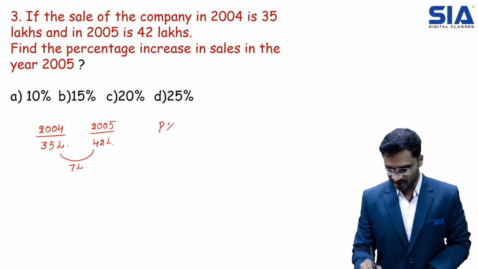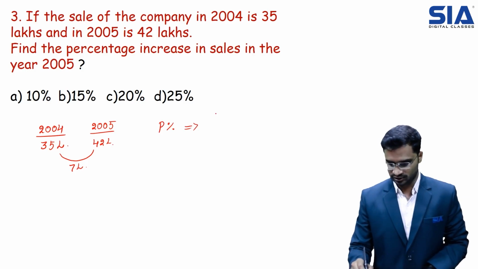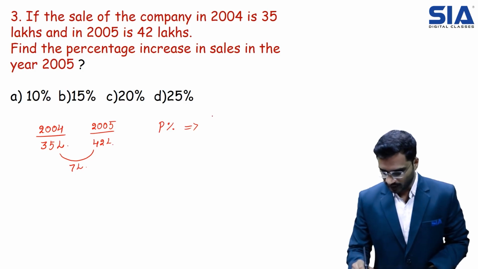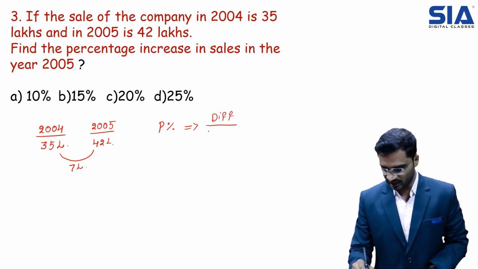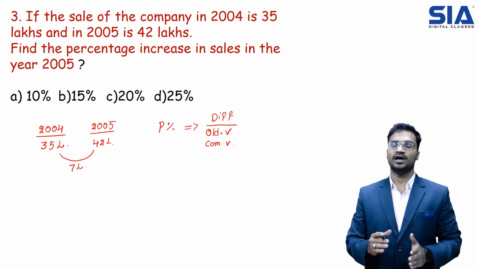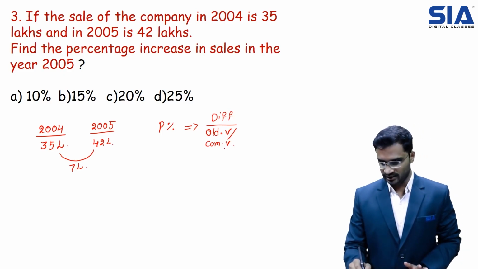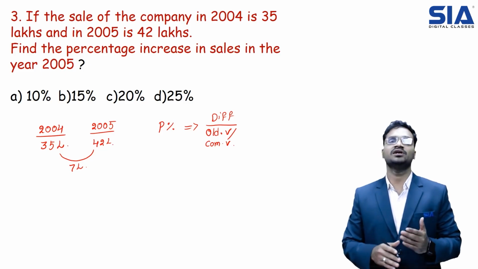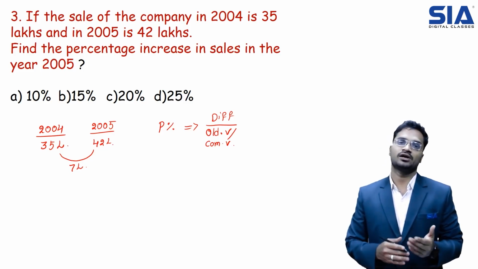Percentage increase is equal to the difference divided by the old value or comparing value, into 100. The comparing value is whichever year or value we are comparing with.